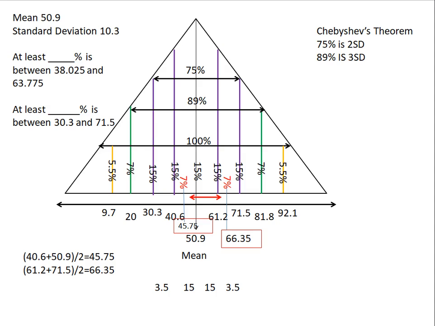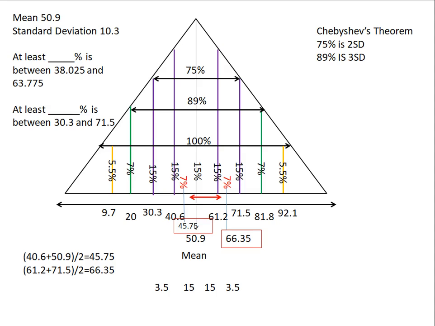The question asks at least blank percentage is between 38.025 and 63.775. Now if we look at our table, 38.025 comes between 40.6 and 50.9.